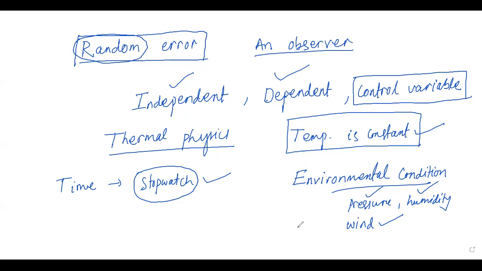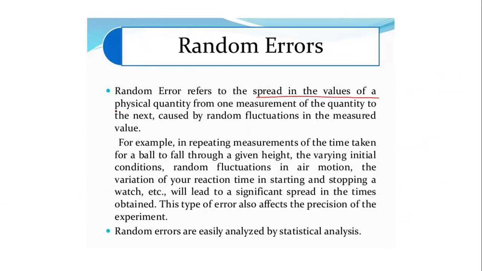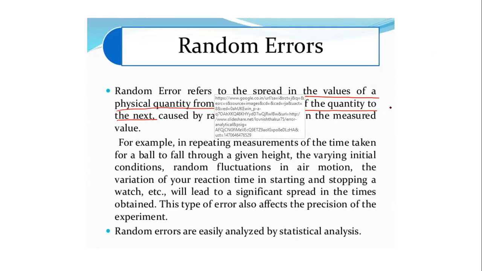Here you can see what is written. Random error refers to the spread in the values of a physical quantity from one measurement of the quantity to the next. Suppose you are taking 10 readings and each reading is different, spread over different values.